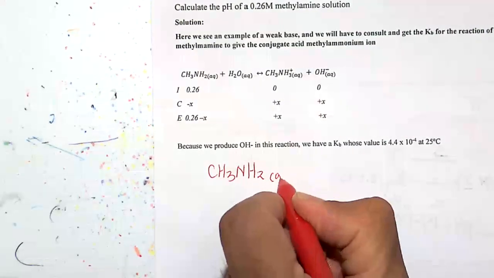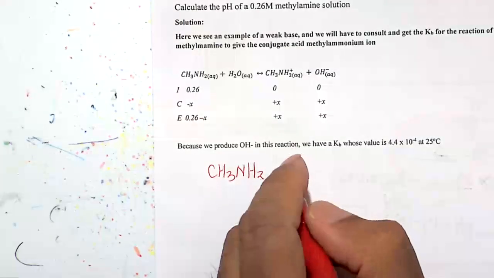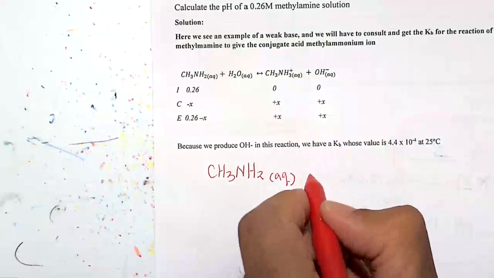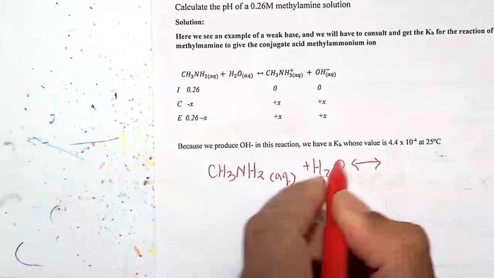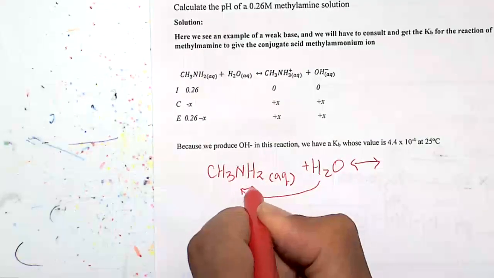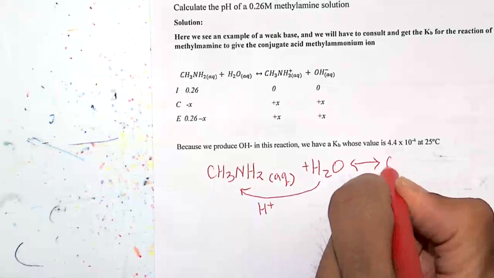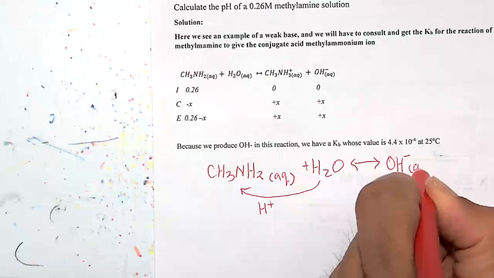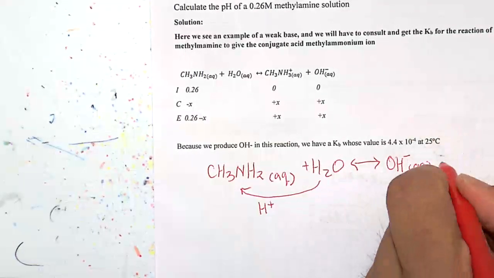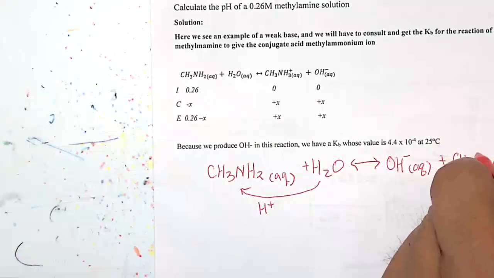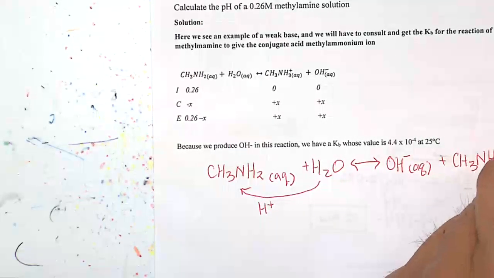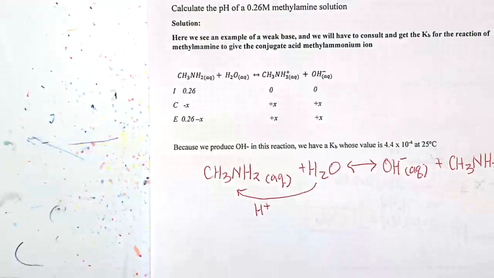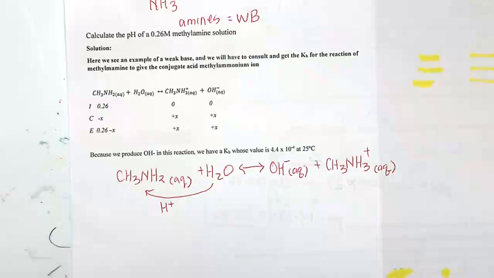So what is the Kb? Not Ka, Kb. For a Kb, it's going to react with water. Water will donate the proton and give you OH minus plus CH3NH3 plus.